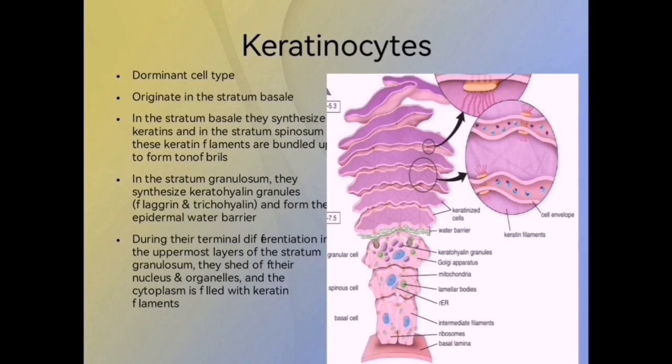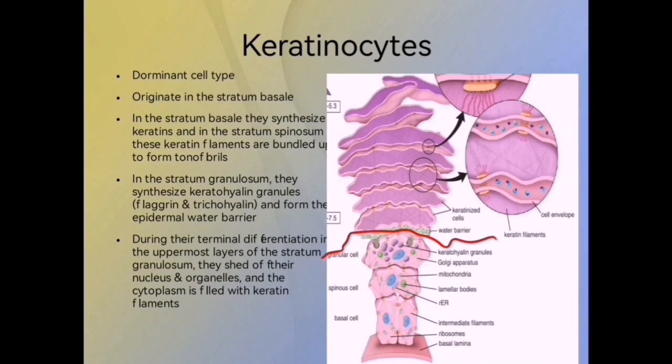Cells in the stratum granulosum form what you call an epidermal water barrier. This one is our epidermal water barrier here. The epidermal water barrier is formed from lamellar bodies which are synthesized within the cytoplasm of keratinocytes in the stratum granulosum, and an exterior lipid membrane which will attach to the cell membrane from outside.